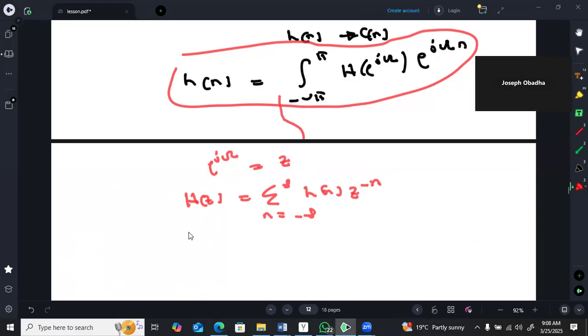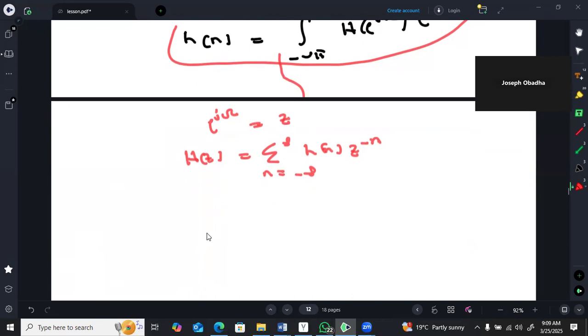Which of course will show that if we get the z transform, then we'd have the negative and the positive values.